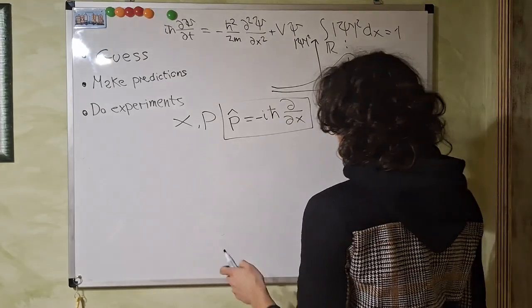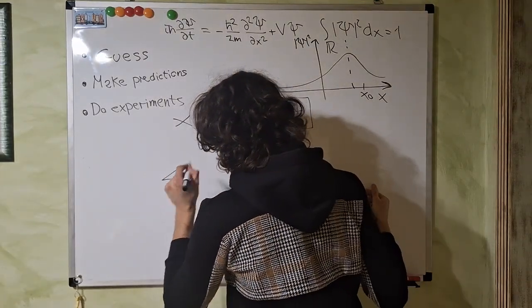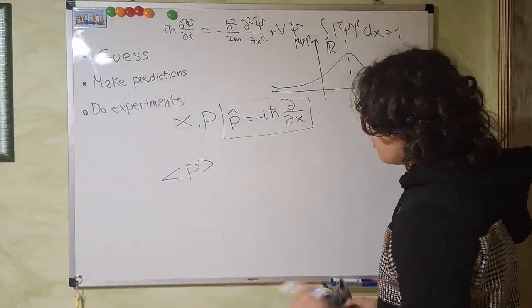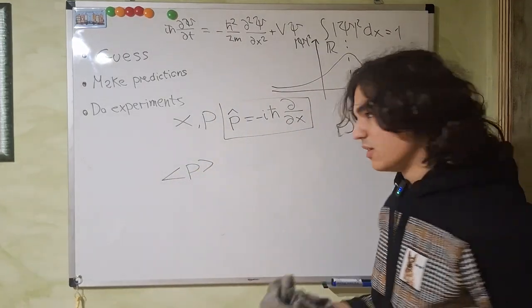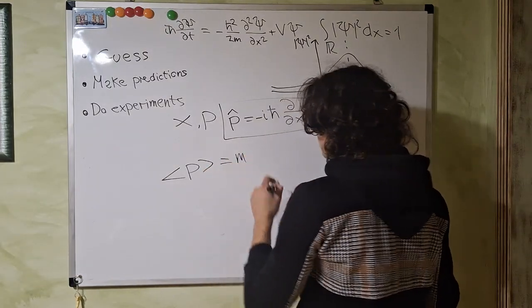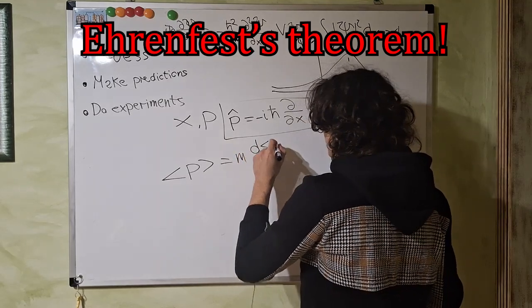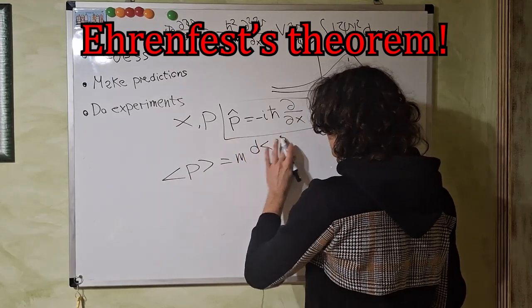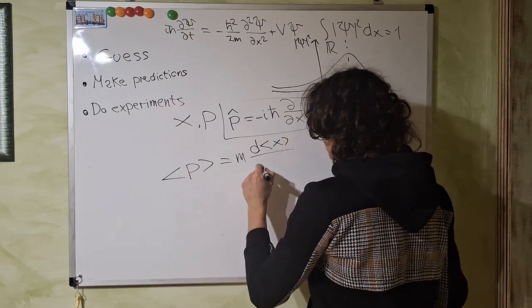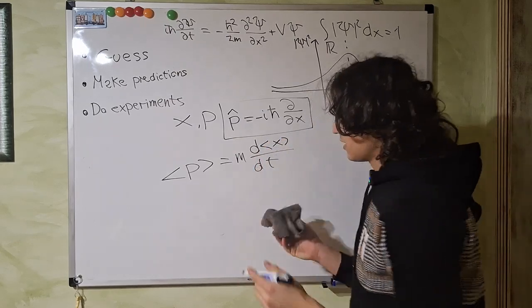Now, this is important because we can go on and find, as we've done with position, the expectation value of p. And there is a theorem, I'm not going right now through all of this. This is called the, I don't remember the name, and it states that in quantum mechanics, the average values behave like the quantities in classical mechanics.